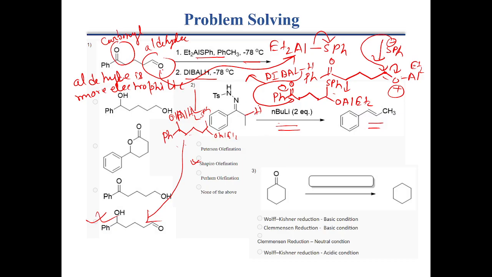As it is a very strong base, it abstracts this proton and this proton. It will form this negative charge and this negative charge.